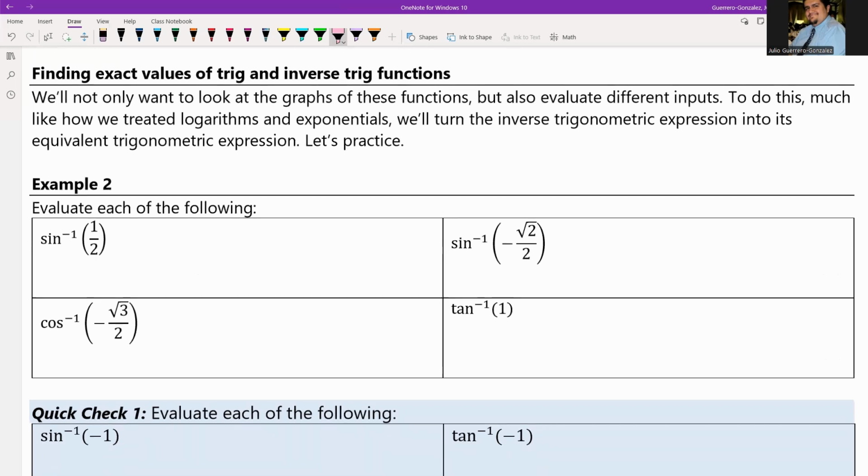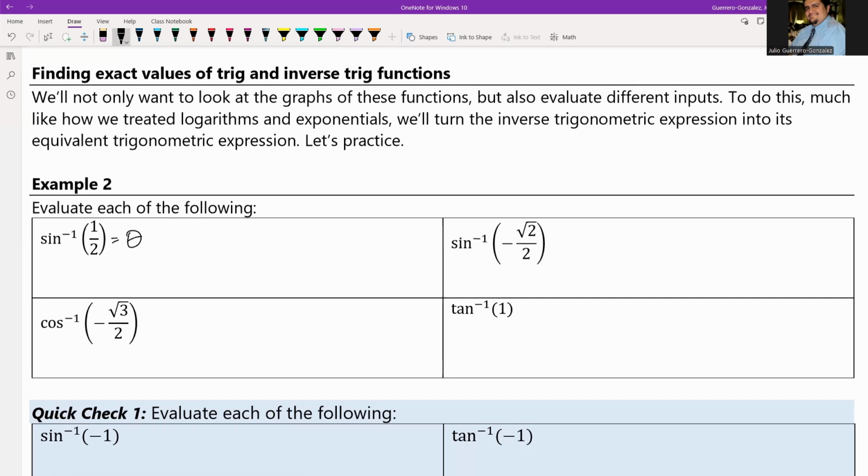Hopefully that sort of makes sense. This is going to take a fair amount of practice. I'm going to go ahead and show you guys what this is going to look like in practice. So suppose we wanted to find these angles. This is asking us to give some angle theta.